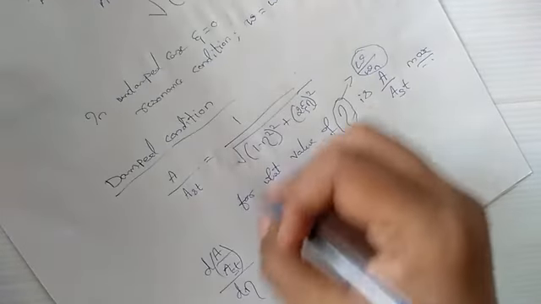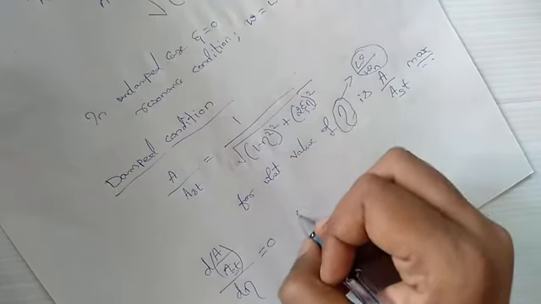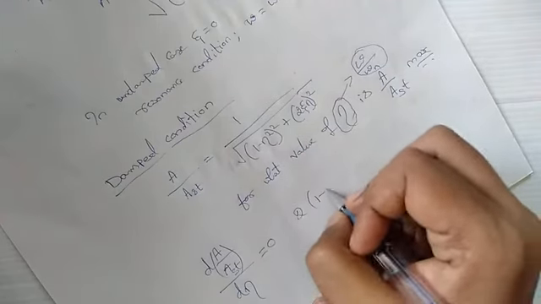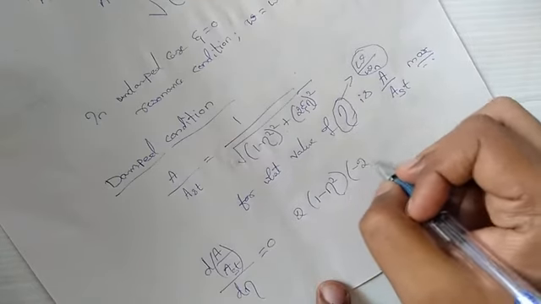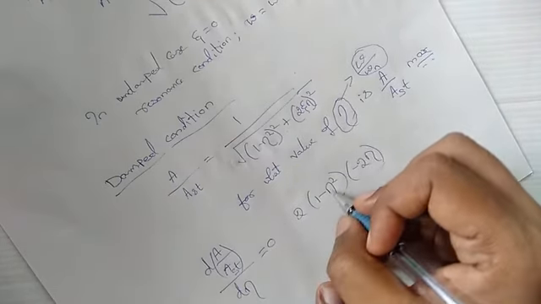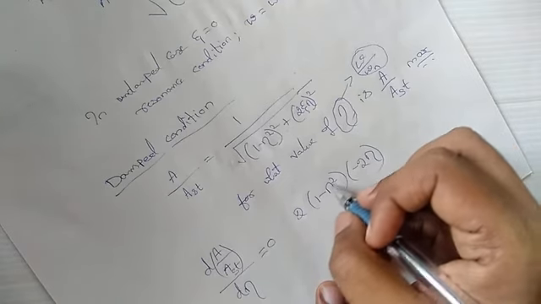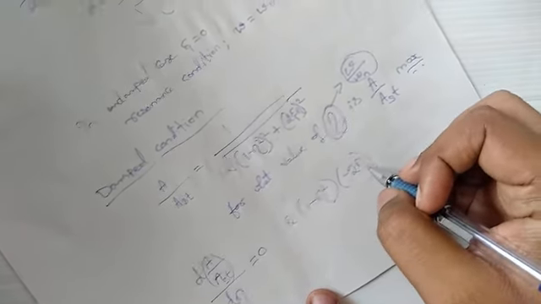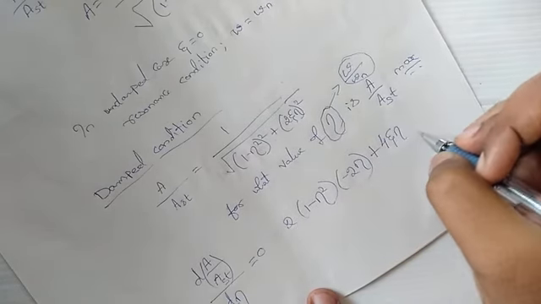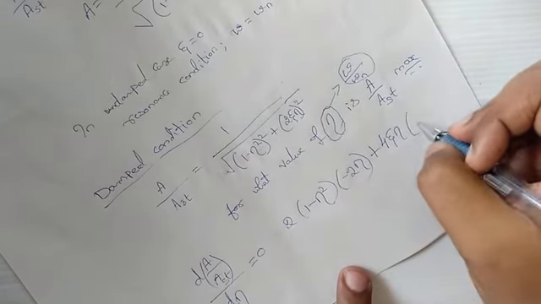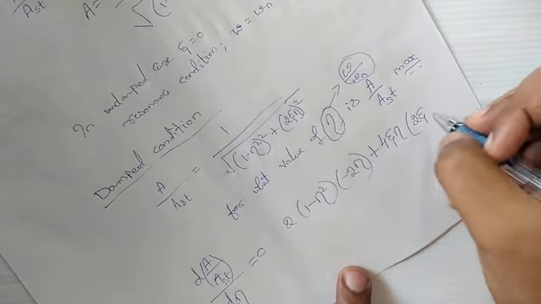If we differentiate this, we get 2 into 1 minus eta square, so it is minus 2 eta, plus 4 zeta eta, and this would be 2 zeta.